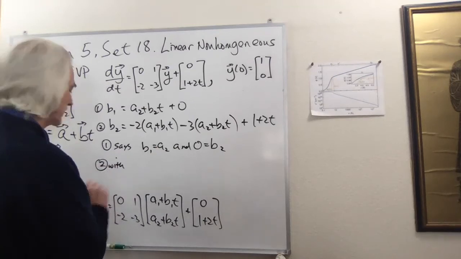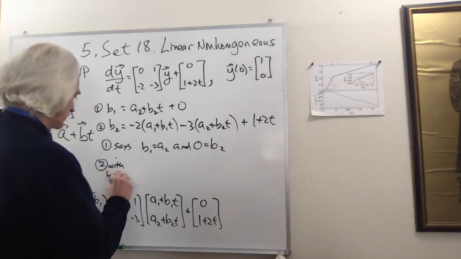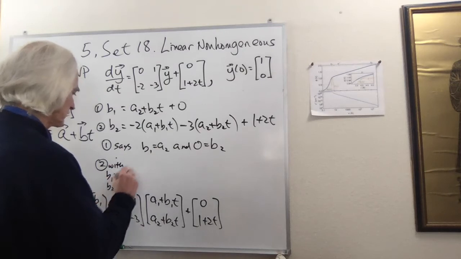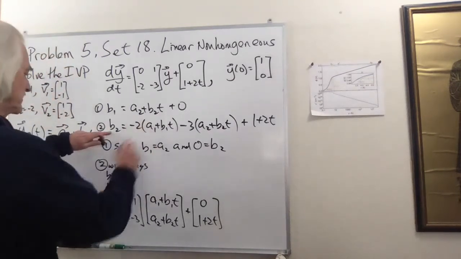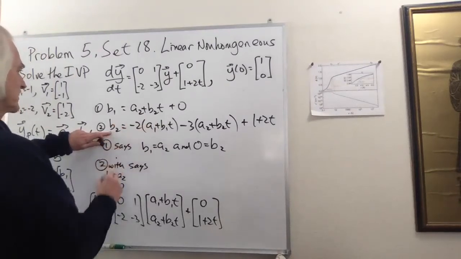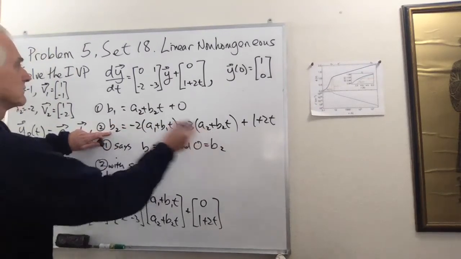B1 is A2 and B2 is 0. Okay, B2 is 0. Is that right? Yeah, that's what I said.